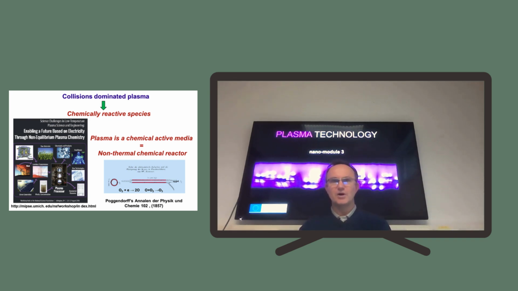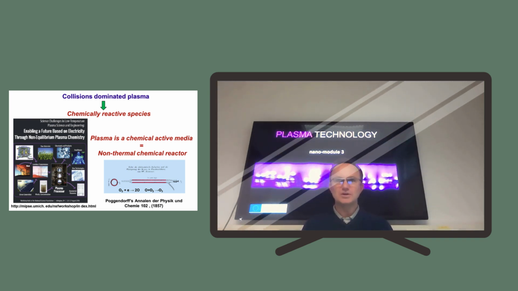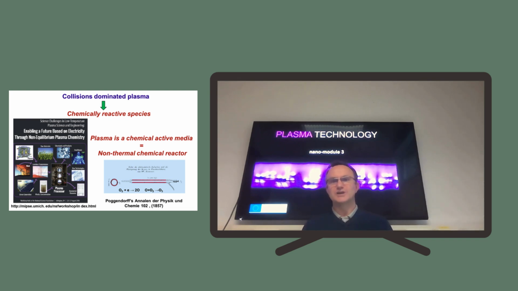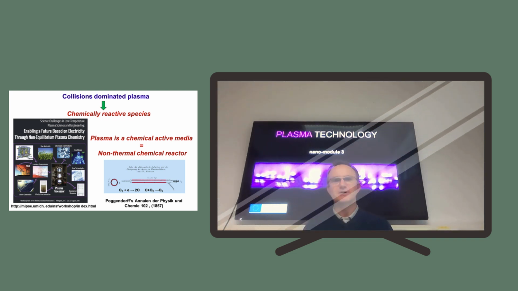On top of that, plasma is not only a producer of heat, it also has a lot of additional components. Energetic electrons and radicals can break strong molecular bonds and drive endothermic reactions, and so they can enable electrified chemical pathways.